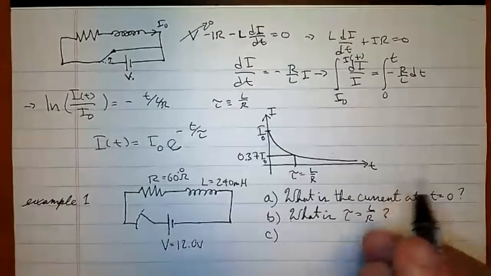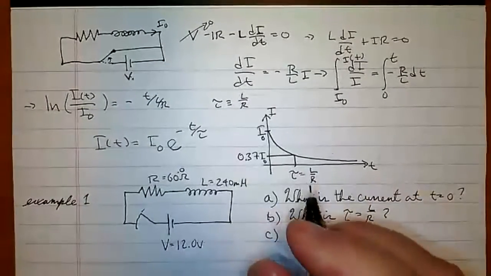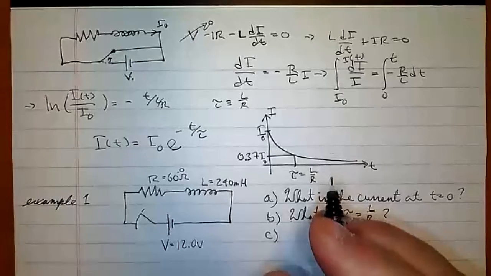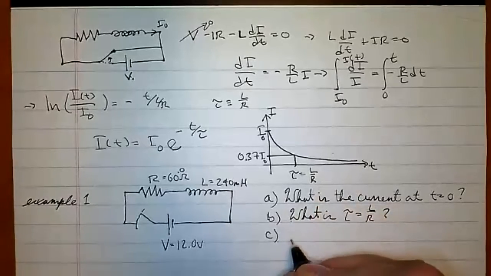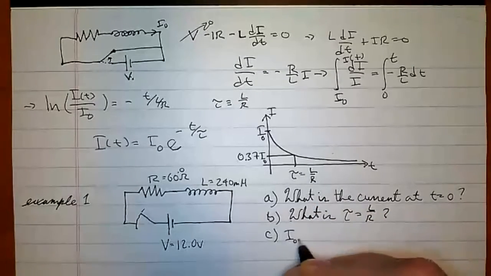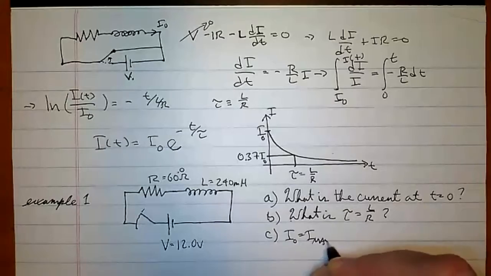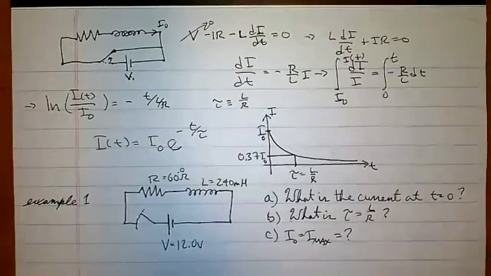Part C, I would like to know, trying to remember what. Oh yeah. I want to know what the I0 equals I max, whatever you want to call it, is. What is that? Okay.